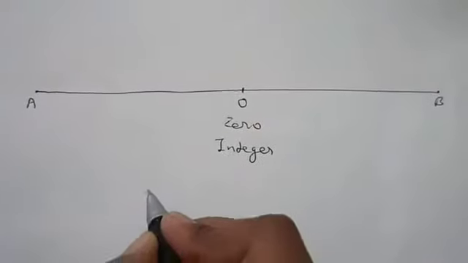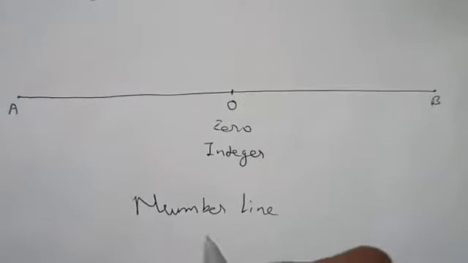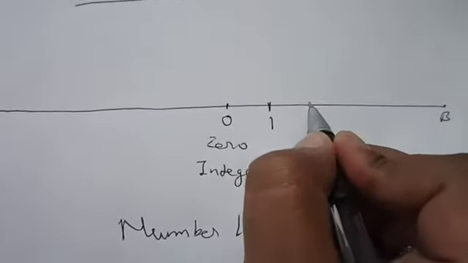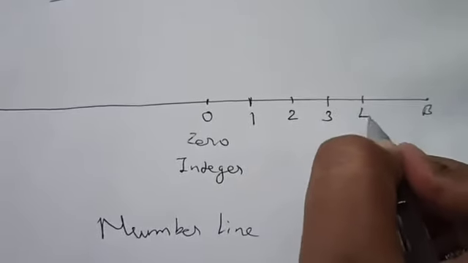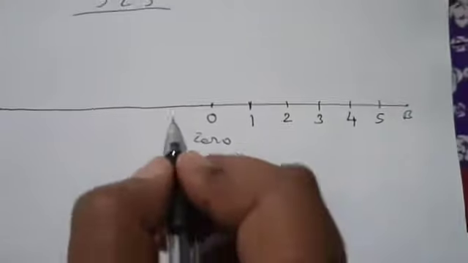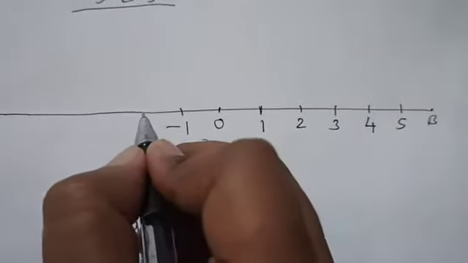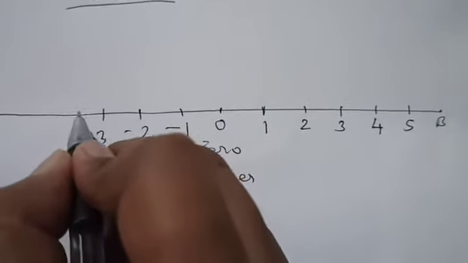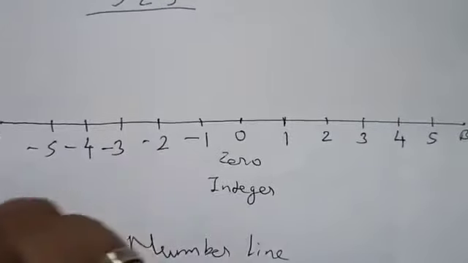And this is the number line. Here we write 1, 2, 3, 4, 5 and so on. Here we write -1, here -2, -3, -4, -5.